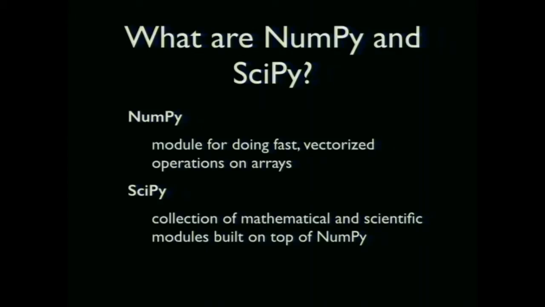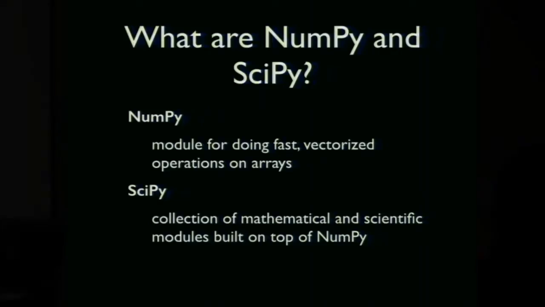And I'll talk about what vectorized means. And SciPy is a whole bunch of mathematical and scientific modules that have been built on top of NumPy to do lots and lots of things. I'll talk about some of the applications at the end of the talk. As I said, I'm going to talk a lot more about NumPy than SciPy.